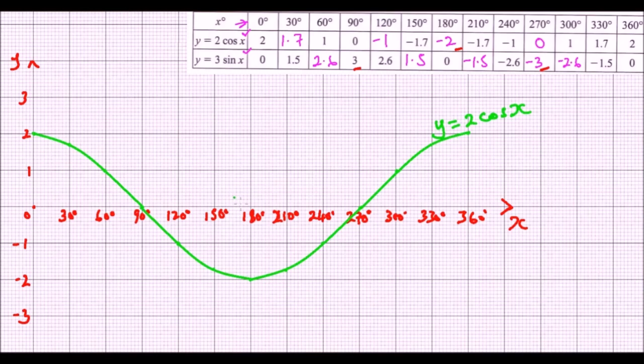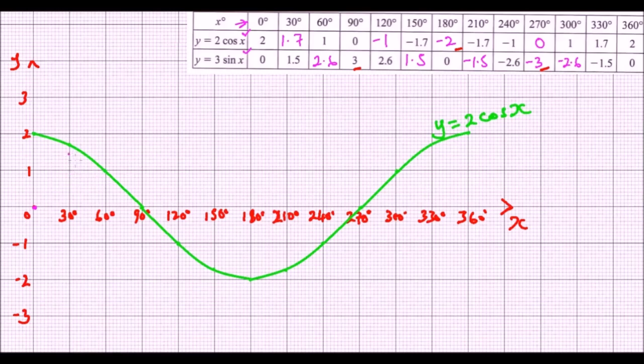So having done that, we now go ahead and plot the graph of y is equals to 3 sin x. So for us to do that, let's first of all start by identifying the points. So when x is 0, y is 0. So that's where we have our first point. When it is 30, y is 1.5. So y is 1.5.